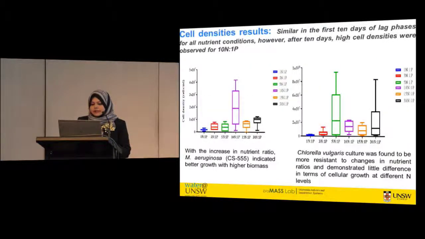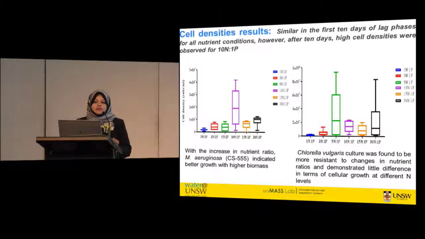Coming to our results, we saw that in general, when the nutrient load was increased, the cell biomass increased. Particularly during the first 10 days of the lag phase, for all nutrient conditions, we saw higher cell densities for concentrations above 10 to 1 nitrogen to phosphorus.